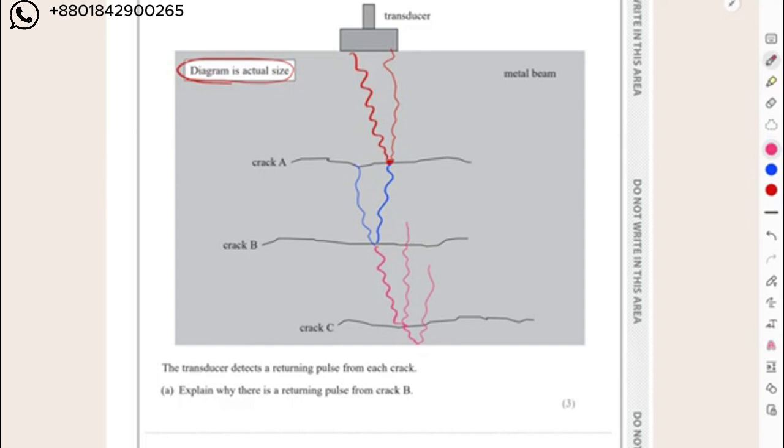That some of the pulses at crack A refract through. So those refracted pulses will reach crack B, and then again from crack B's surface, they will be reflected. That will be received by your transducer.